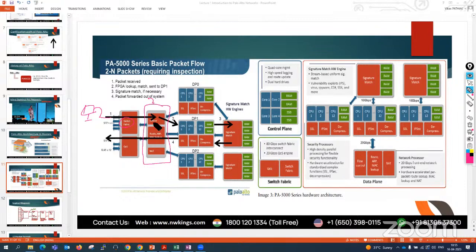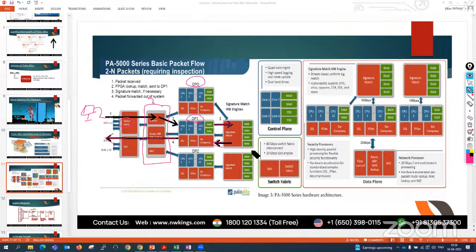And from the network processor, it is being handed over to DP1. Can you see it? They have mentioned DP0, DP1, DP2. Can you see here? Yes, sir. So this traffic has been handed over to DP1, and DP1 has handed over this traffic to signature match. And from the signature match, it will come to your decompression and everything. From here, it will go back to your quality of service, and then it will be out.